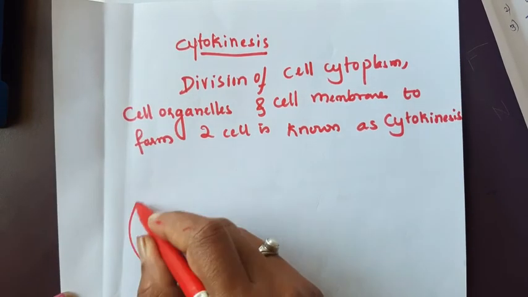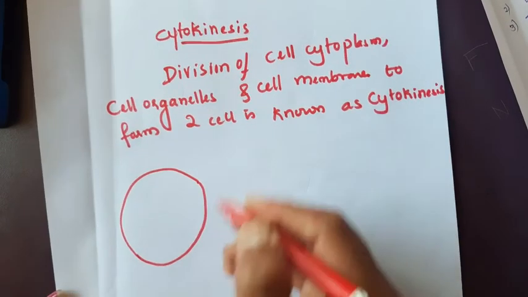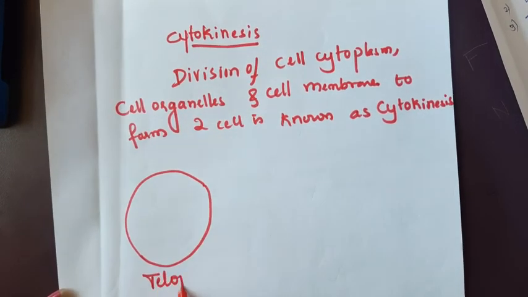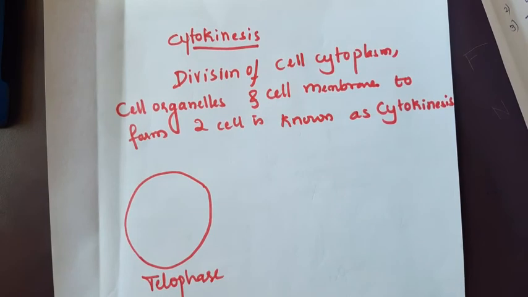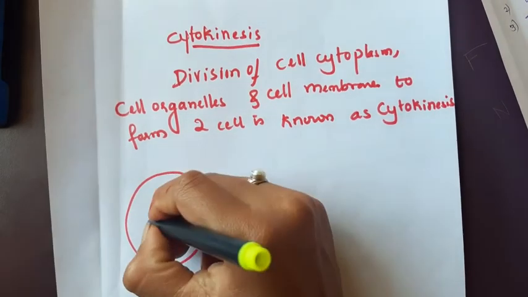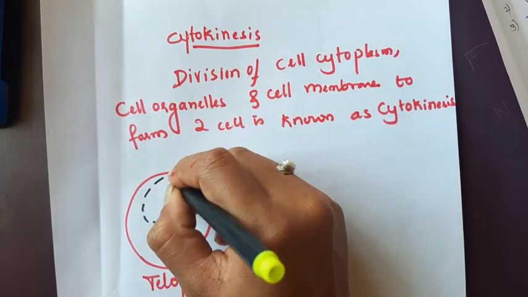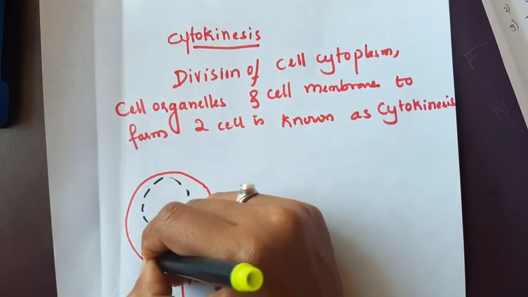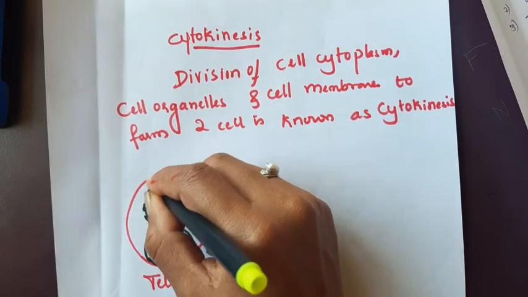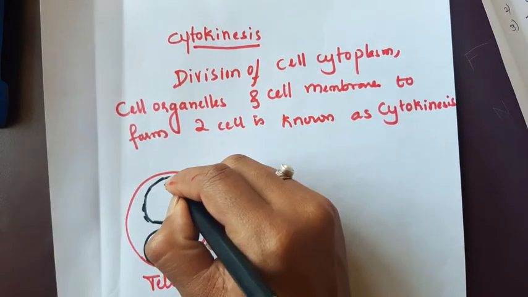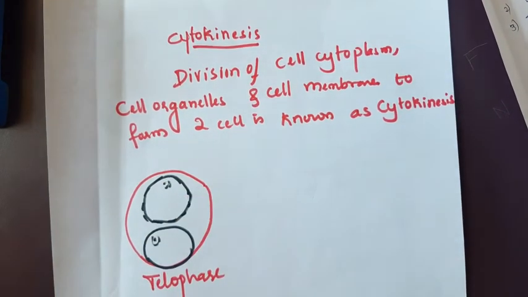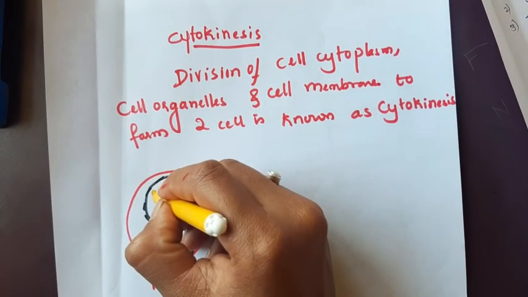In the case of late telophase, what had happened is that it is the end of karyokinesis. In the telophase there is complete formation of two nuclear membranes, in this way, and a nucleolus in each. Then chromosomes are formed.